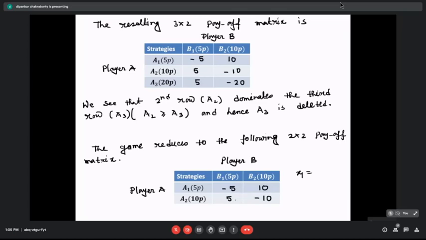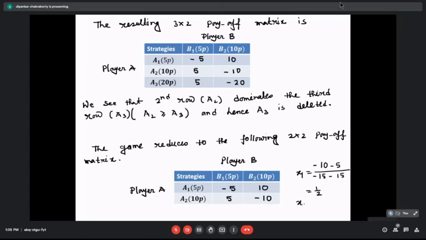Then we come to the second row and find the principal diagonal, that is minus 10, minus the other element, that is minus 5. Divided by the sum of the principal diagonal, that is minus 15, minus the sum of the other diagonal, again minus 15. So it comes as minus 15 by minus 30, that is half. Okay to all of you?